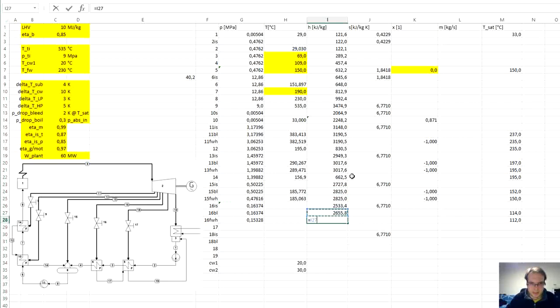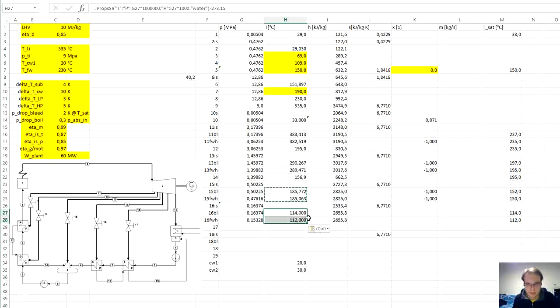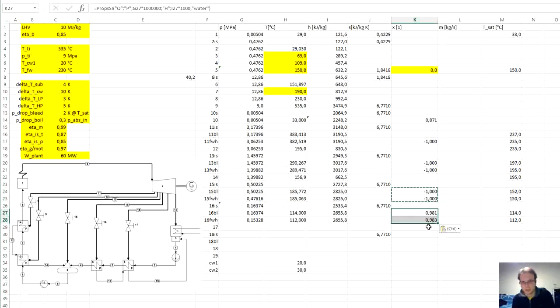And between BL and feedwater heater inlet there is no change in enthalpy as the system is insulated. At temperatures, we can actually see that we would be already in two-phase, in the wet steam, which is true.